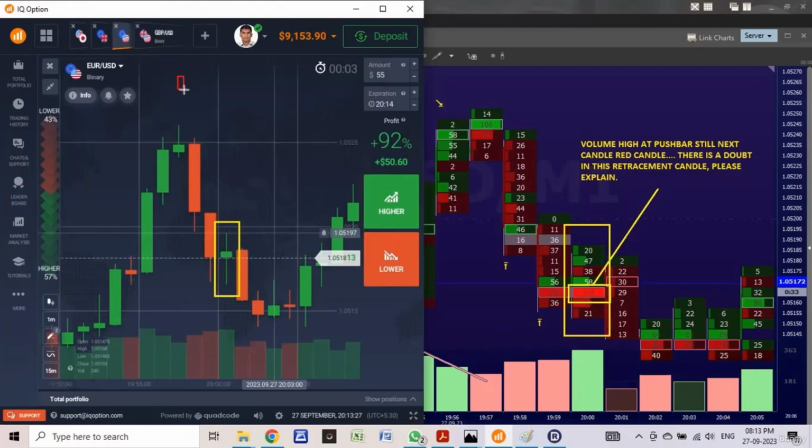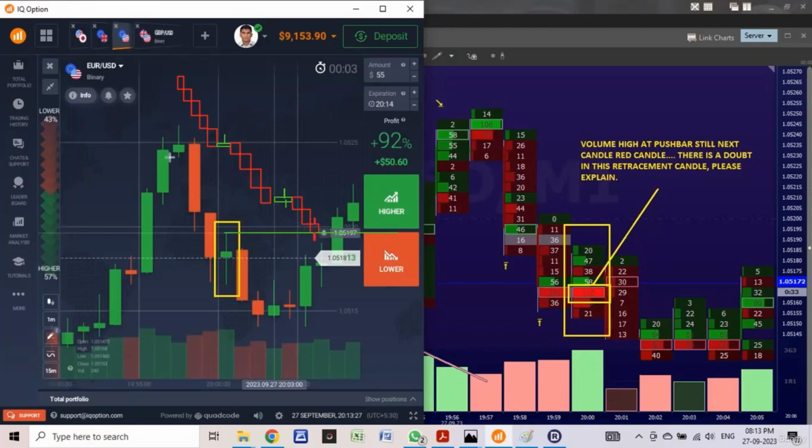Suppose the market strongly falls down like this. This is the first reversal, and again the market falls down like this. Again falling down. Now the market came back to this type of round number level, and we already got the data that sellers are very weak exactly at that point.